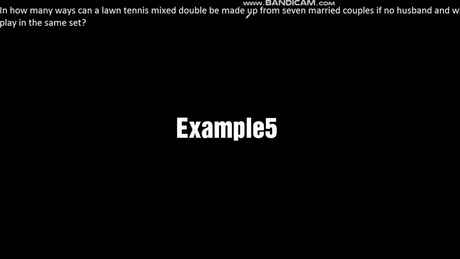Now example number 5: in how many ways can a lawn tennis mixed double be made up from 7 married couples if no husband and wife play in the same set?